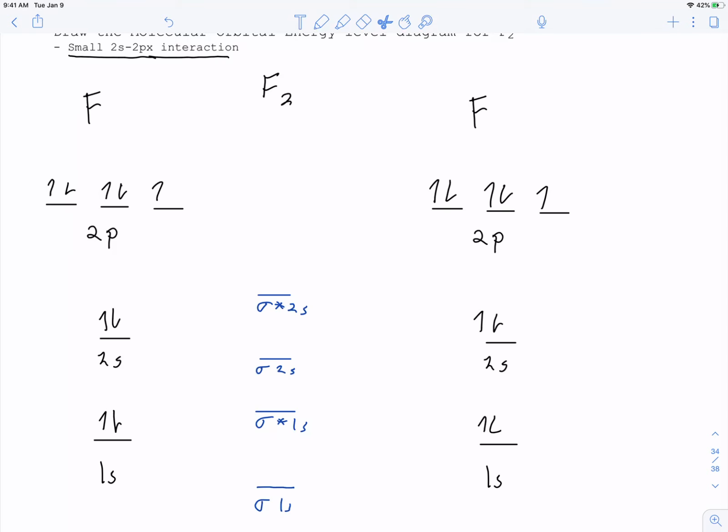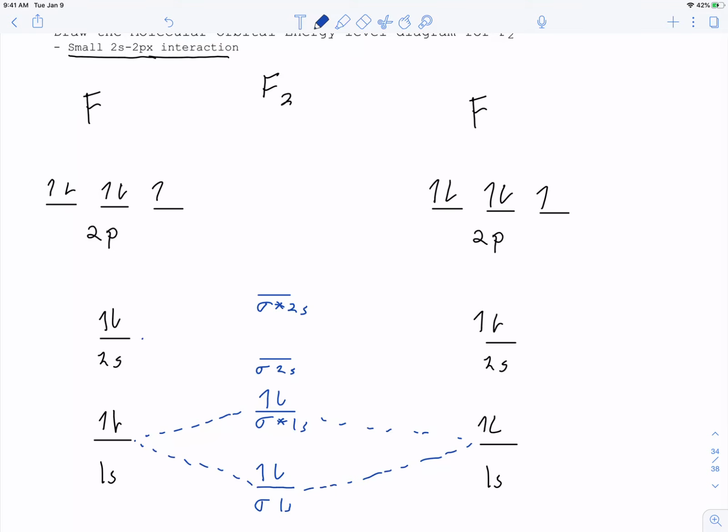Okay, so first we're going to fill up the sigma 1s. So one of the electrons comes from that on the left and the other one comes from over here on the right. Then we're going to do the same thing for the anti-bonding. Okay, so that takes care of both sets of 1s electrons from each fluorine atom.